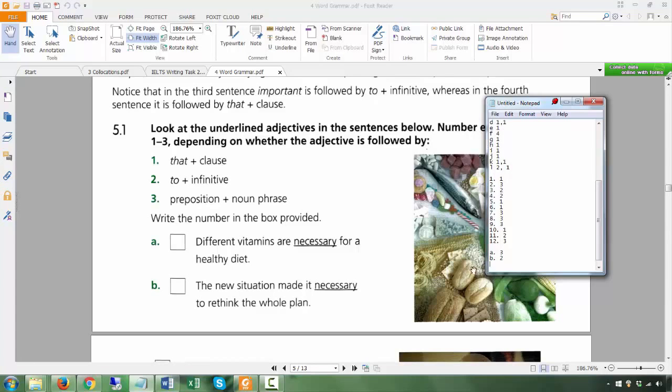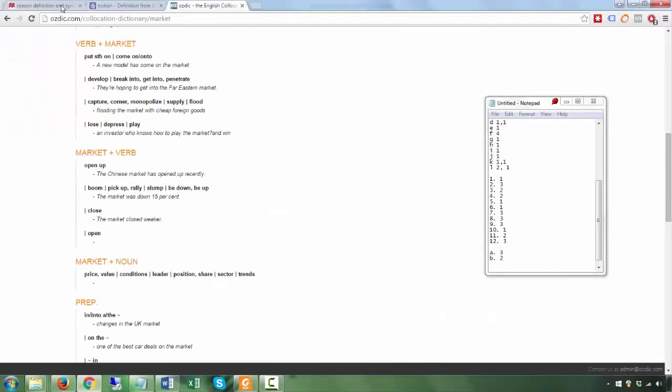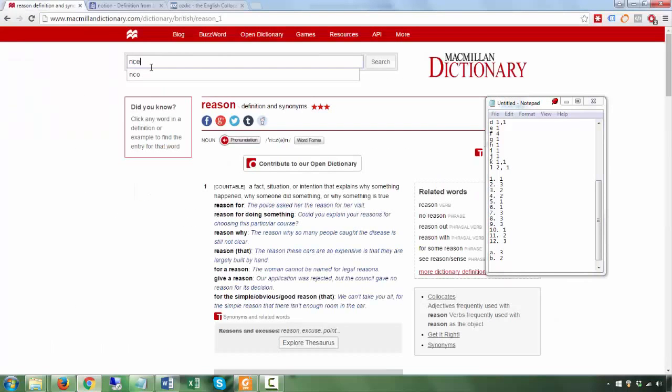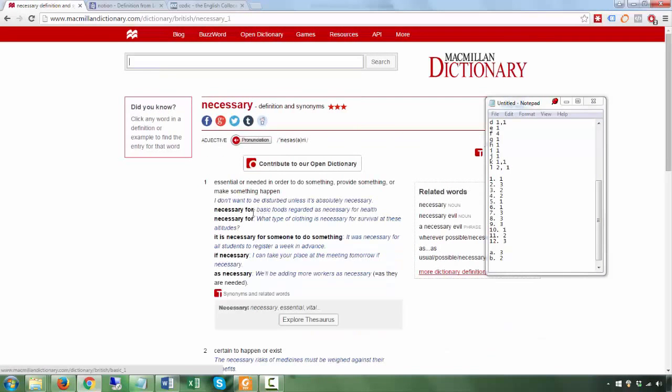And you realize here that again one word could have more than one pattern. So this is a preposition pattern, this is a 2 plus base verb pattern. Let's just go to necessary. So you have your preposition here, and you have your 2 plus base verb. Sometimes you can just leave the word for someone. You can say it is necessary to do something.